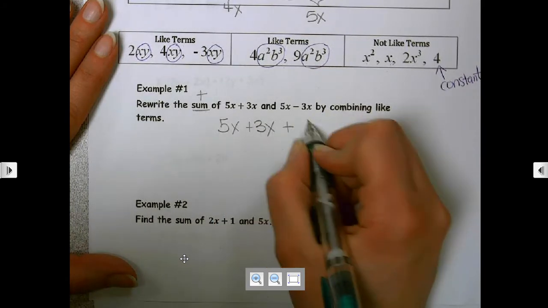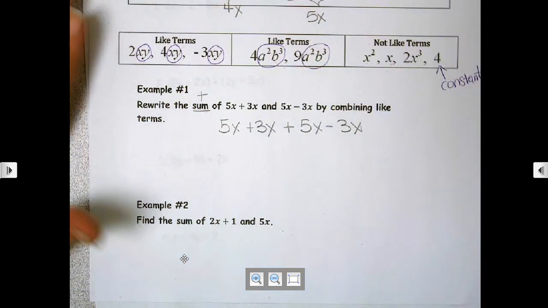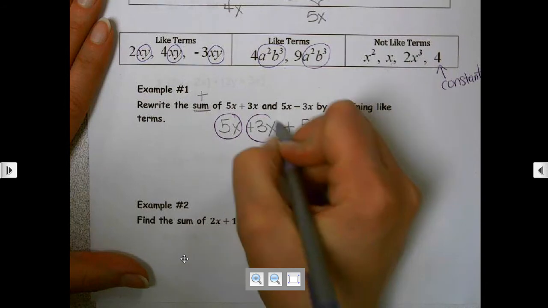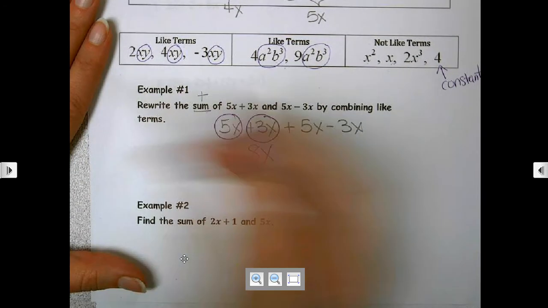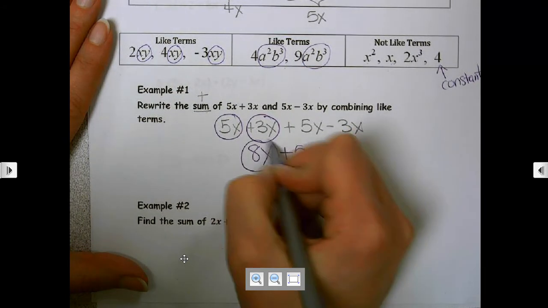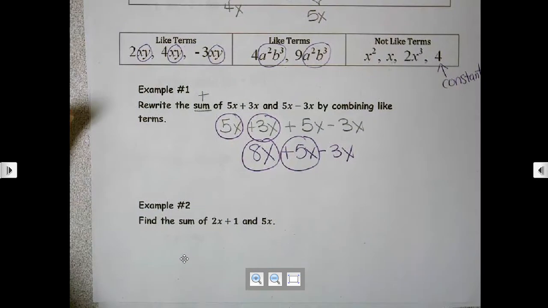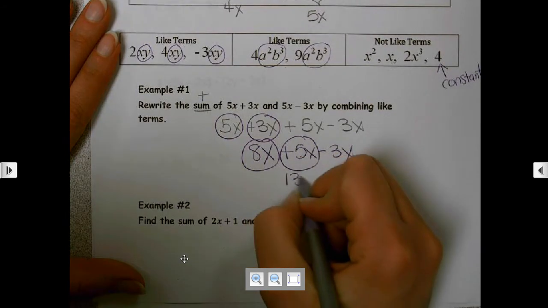I'm going to rewrite all of my terms, and I notice that I have 5x's plus 3x's, which gets us a total of 8x's. We bring down everything else. We now have 8x's and 5x's. So 8 plus 5, because remember, we're adding the coefficient. 8 plus 5 is 13x's.